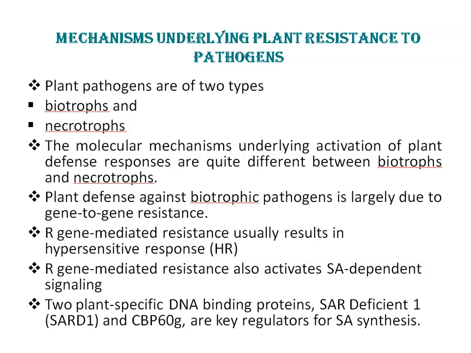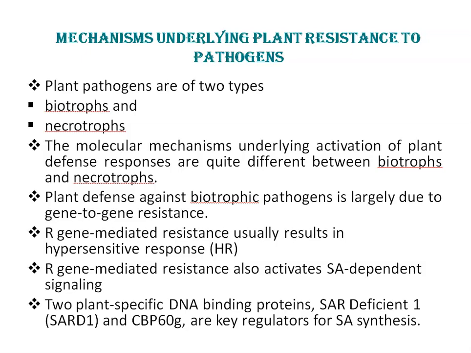Plant defense against biotrophic pathogens is largely due to gene-for-gene resistance. R gene-mediated resistance usually results in a hypersensitive response, which is thought to be very important for plants to combat biotrophic pathogens. R gene-mediated resistance also activates SA-dependent signaling, leading to activation of a string of presumed defense effector genes.